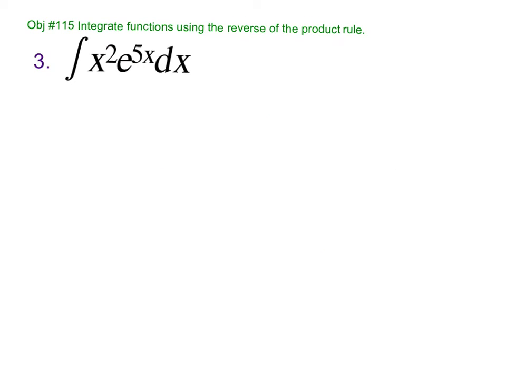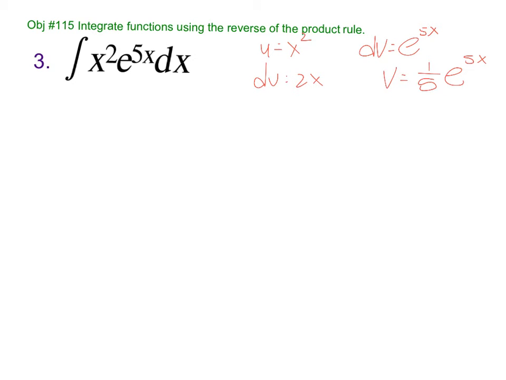All right, so pause the video. Try this one on your own. It's the same idea. So just like before, u equals x squared. dv equals e to the 5x. du is 2x. v is 1/5 e to the 5x.